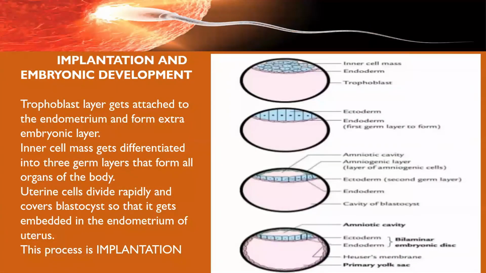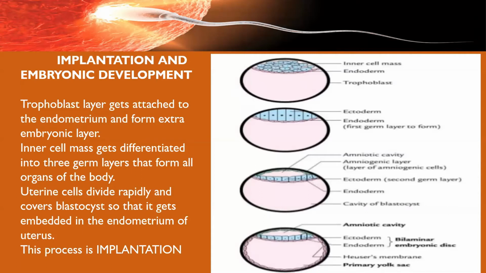Now let us see the role of this trophoblast and the inner cell mass. Here you can see the trophoblast layer by the black outline, and this is the inner cell mass. Trophoblast cells are going to form the extra embryonic layer. What do you mean by extra embryonic layer?